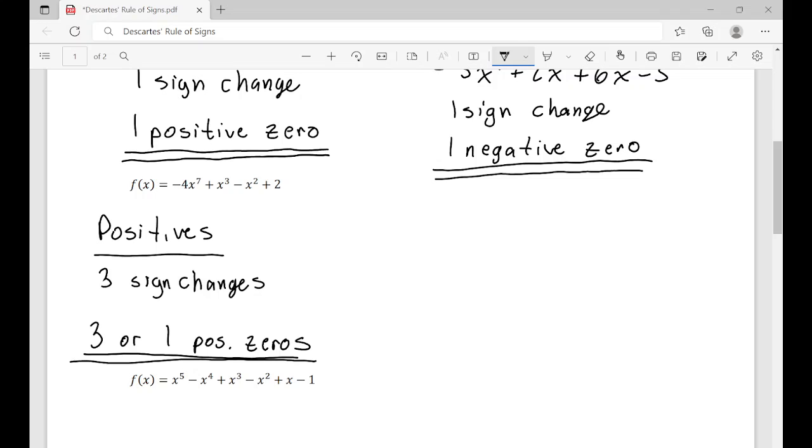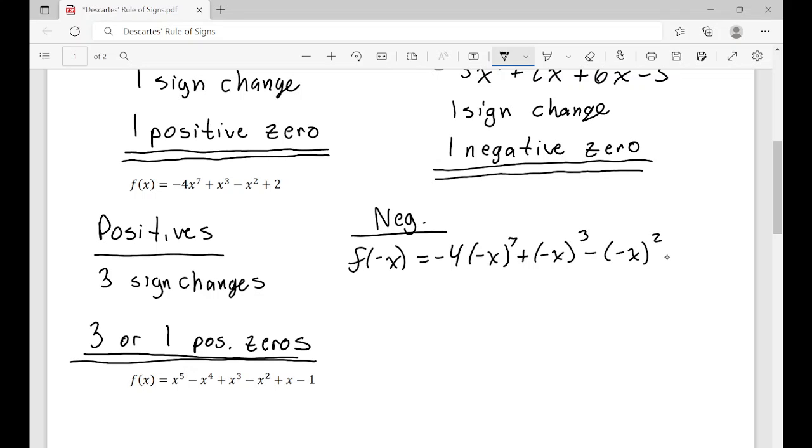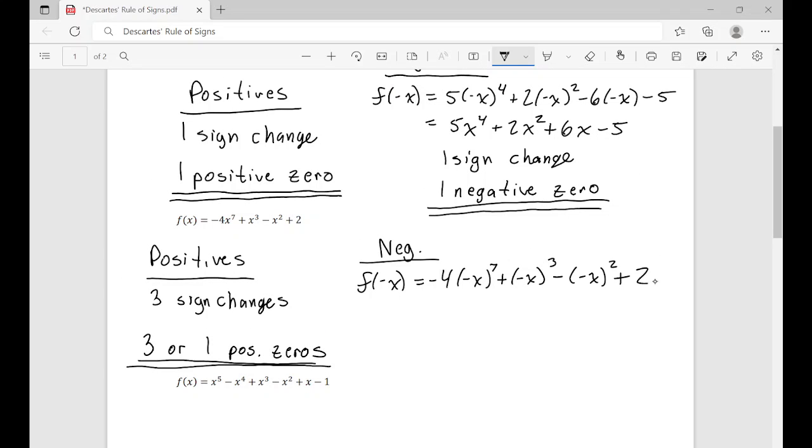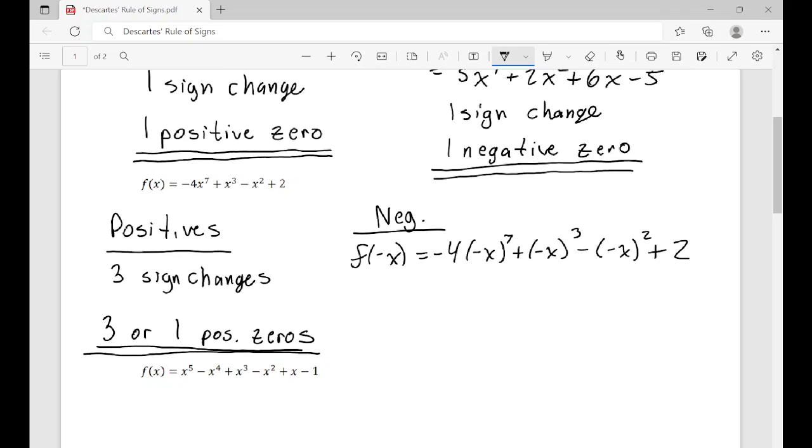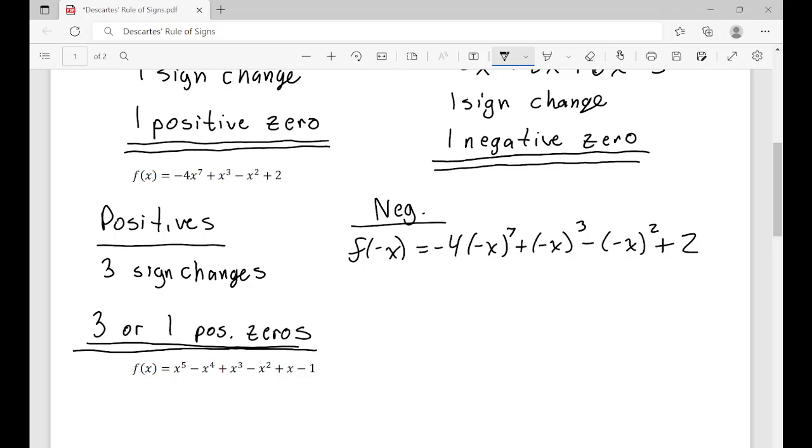Now we're going to do it again for negative. So I'm just going to abbreviate it. I don't feel like writing it all out. So for negatives, going to be f of negative x, negative 4 negative x to the 7th plus negative x cubed minus negative x squared plus 2. Kind of got away from me there. And so simplify it down. Negative x to an odd power is going to be negative, so this is going to be a positive 4x to the 7th.